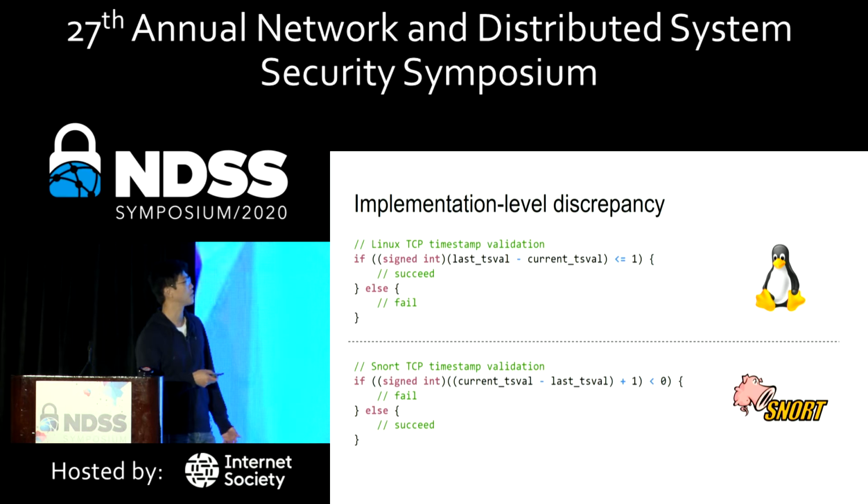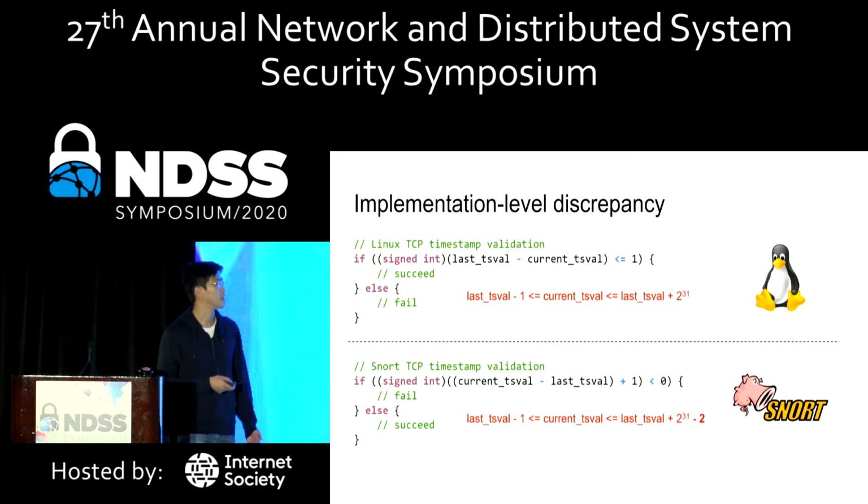From these two pieces of code, it's very hard for a human to tell if the two checks are equivalent, because they do an unsigned integer subtraction and then convert it to a signed integer. Actually, the valid ranges of the two systems are off by 2. Using this discrepancy, we can construct a packet with a specific timestamp that will be processed differently by Linux and by Snort. This discrepancy is very hard to find manually.